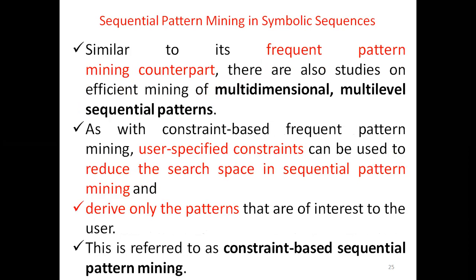Different dimensions include items, time series, and location. With these different dimensions you have a data warehouse, and from the data warehouse you mine the data using different mining techniques. These multi-dimensional, multi-level sequential patterns also exist.